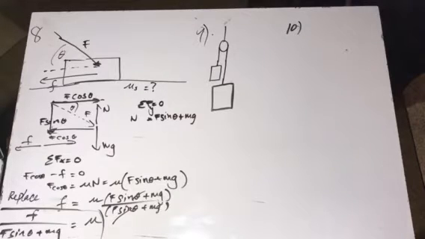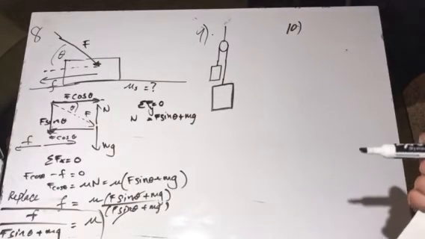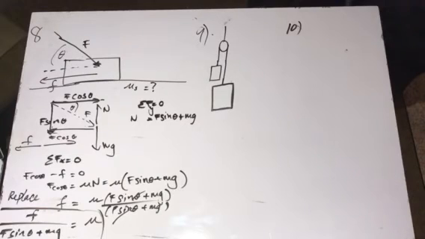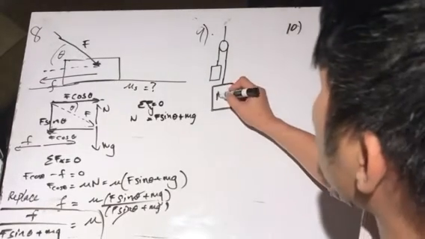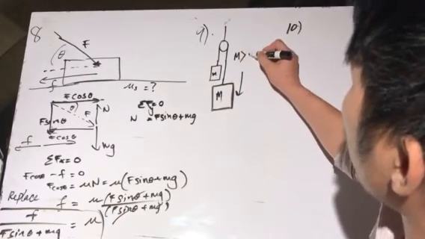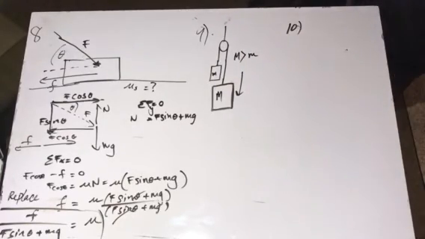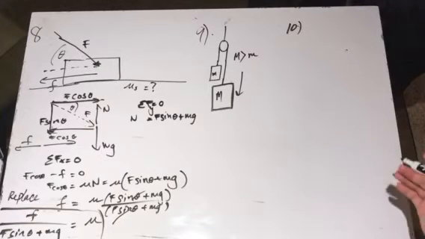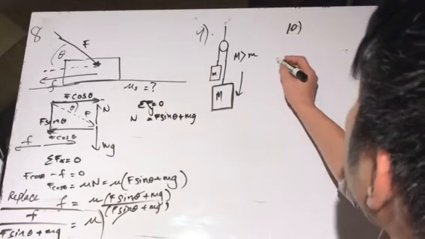Now to look at question number 9 and number 10, I'm just going to use those things together. I'm going to call this one big M and this one small m, and big M is greater than small m. So when you apply Newton's second law of motion, I'm just going to do both.